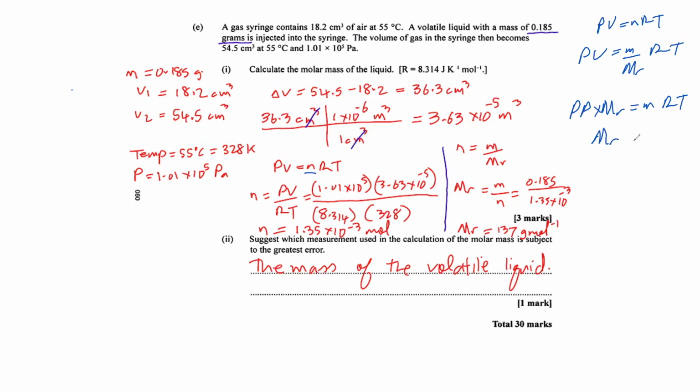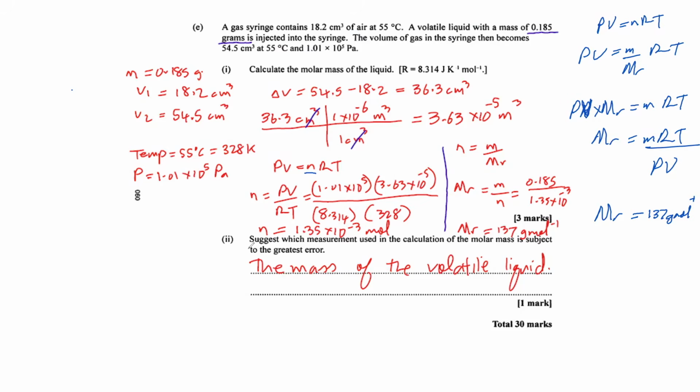So molar mass is equal to mRT over PV. This is V, volume. And so now, if you do your calculation, your molar mass should be very close or equal to 137 grams per mole. So we can work it out more than one way using the ideal gas equation.